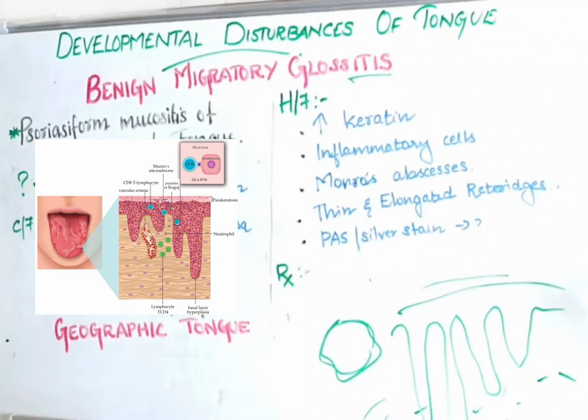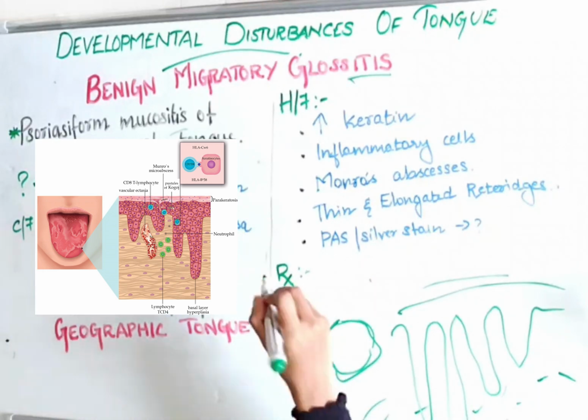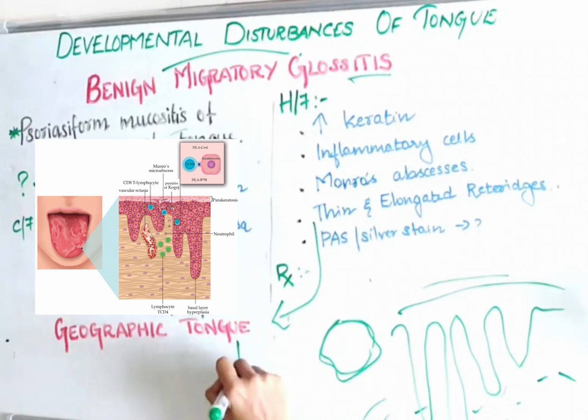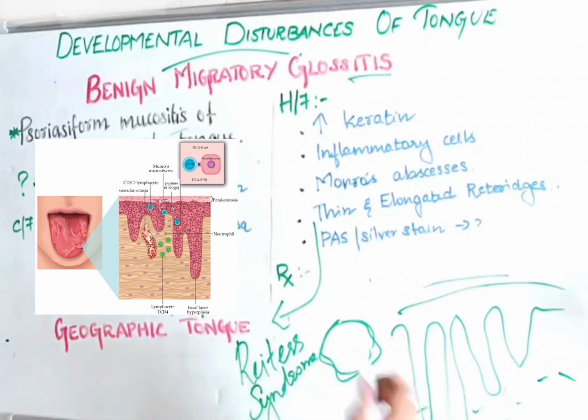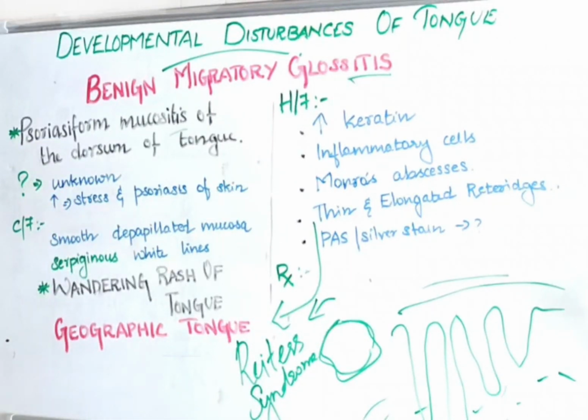If the rete ridges are not thin and elongated, then the pathologist should suspect whether it is Reiter's syndrome. Reiter's syndrome consists of urethritis, arthritis and conjunctivitis. With that, we can finally come to a diagnosis. But if pathologically your rete ridges are not thin and elongated, then this will be your next suspected disease.